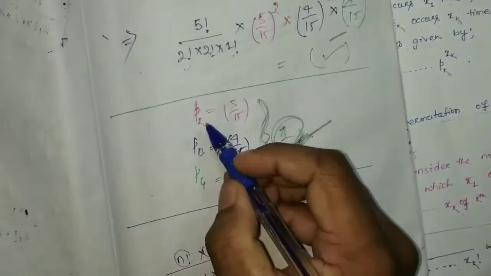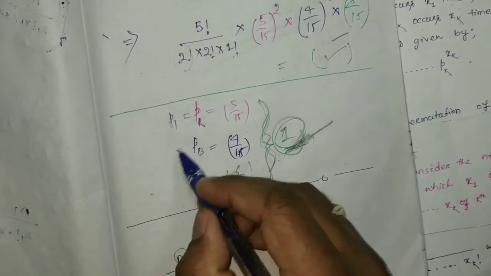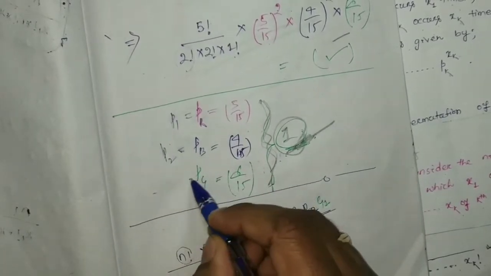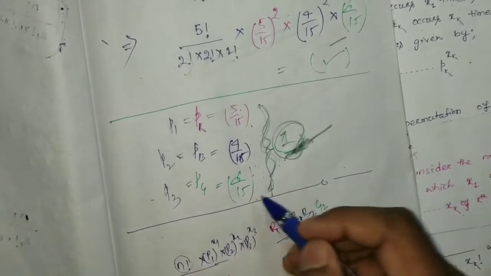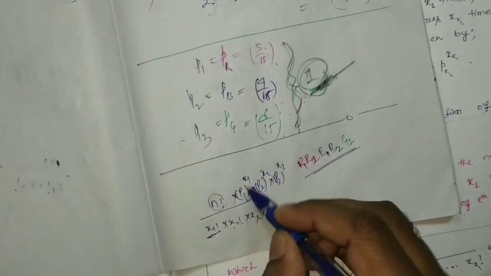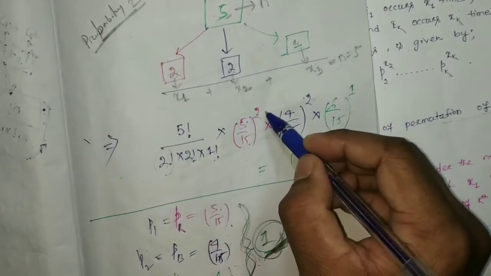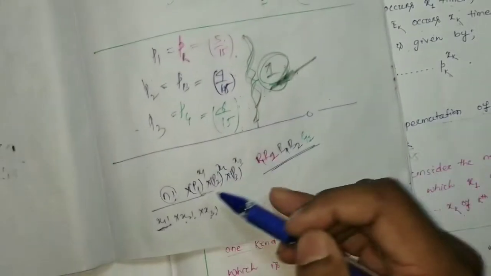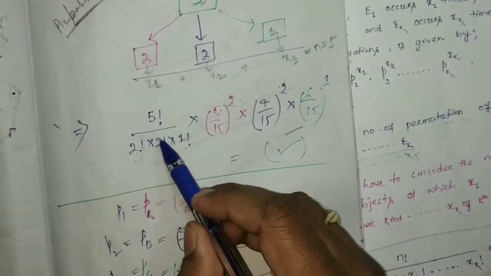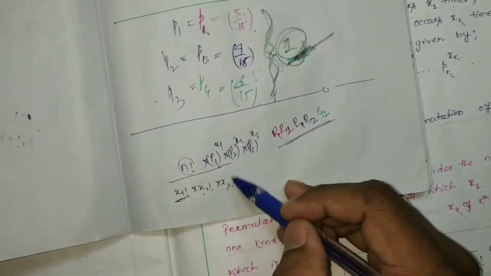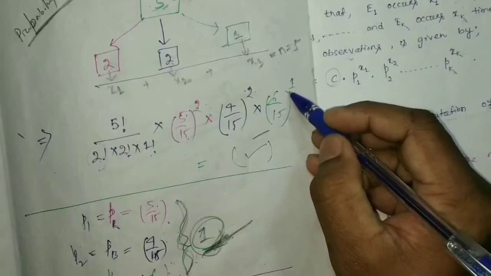So for the probability of red, the so-called P1, then P2 for blue and P3 for green, it will be 5 by 15, 4 by 15, 6 by 15. So it will be P1 to the power x1, 5 by 15 to the power 2, and P2, that is 4 by 15 to the power 2, x2 is 2, and x3 is 1, and the probability is to the power 1.